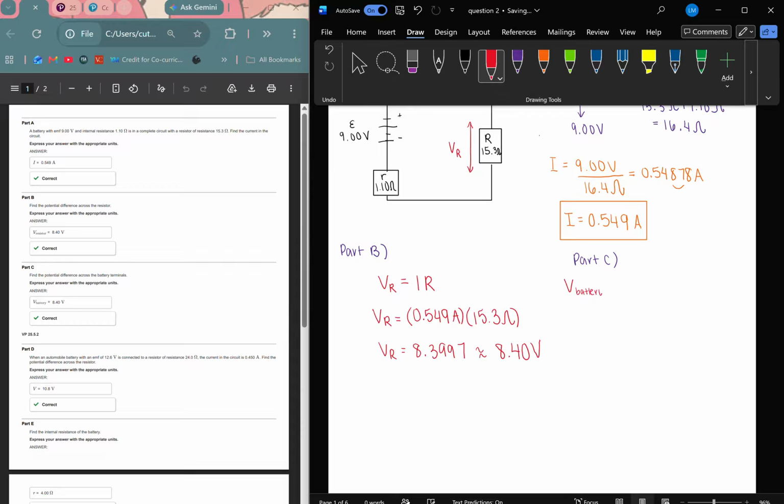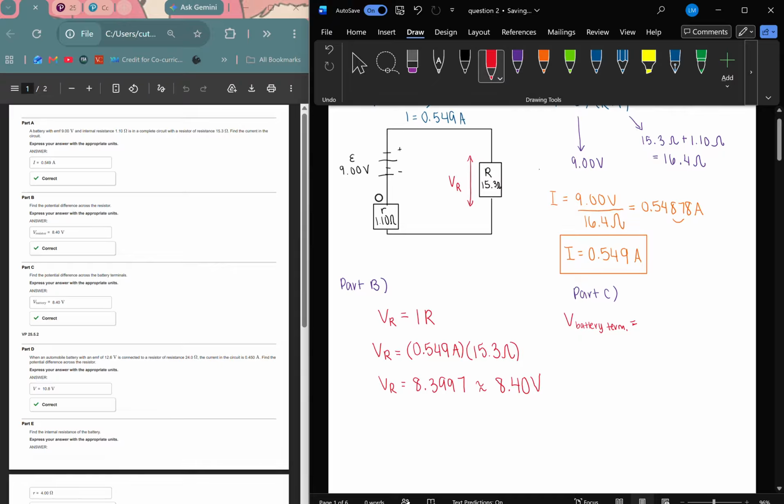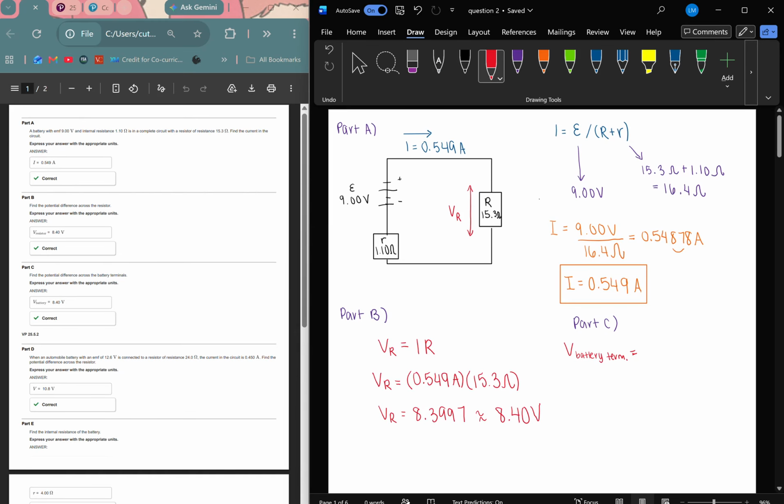I'm going to put term for terminal, and we're going to be using the equation, since we're trying to find the potential difference across the battery terminal.